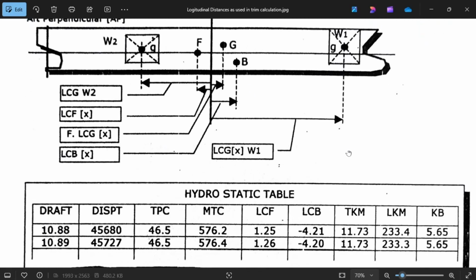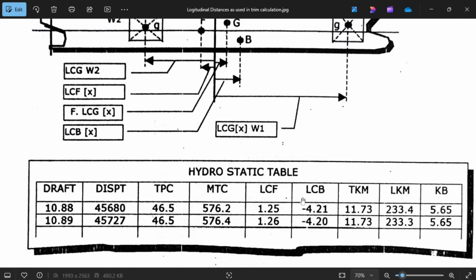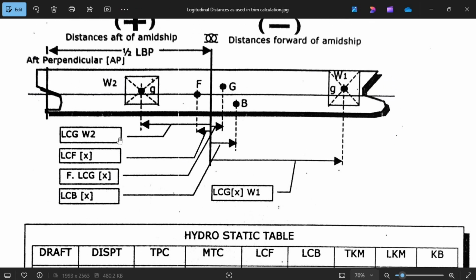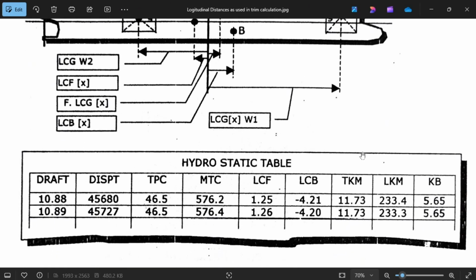That's why you have an LCB of negative sign. So without this diagram, if you see the negative sign of LCB, it means it is the forward part of the vessel. If you have LCF with a positive sign, it is on the up part of the vessel.